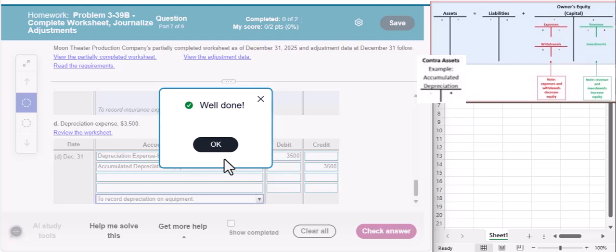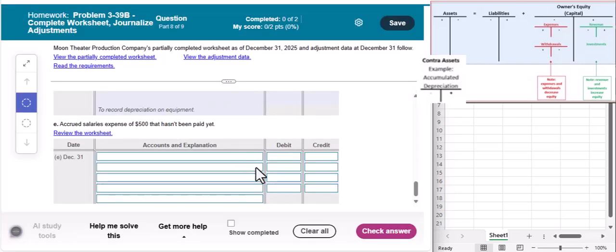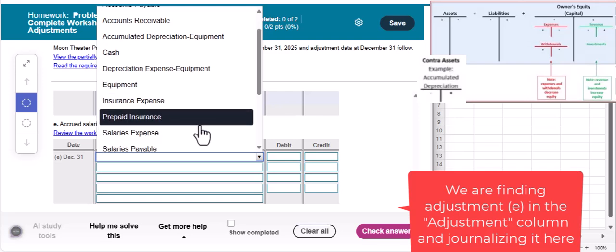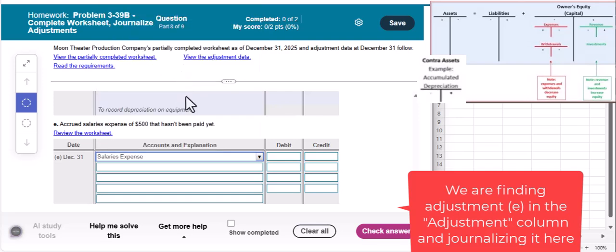Well done. Okay. So now E, our last transaction, accrued salaries expense of $500 that hasn't been paid yet. So what was that one again? We have a salaries expense. So we know our expense is increasing. However, we are not paying it yet. And what does that mean? That means it's a debt, a liability, a payable.